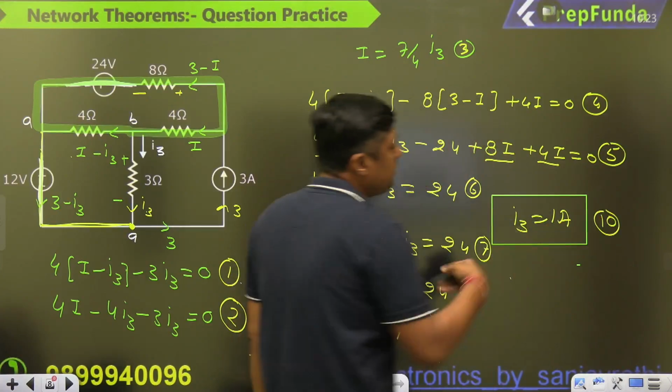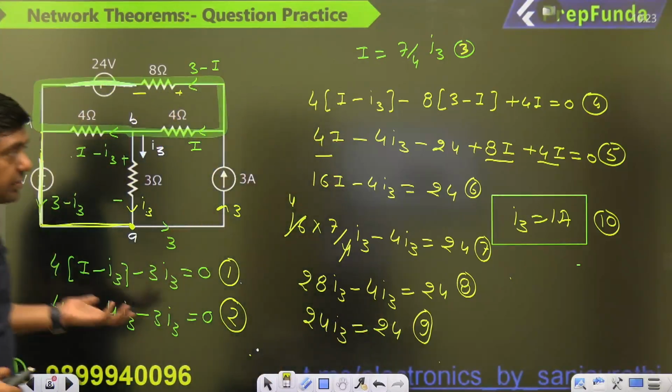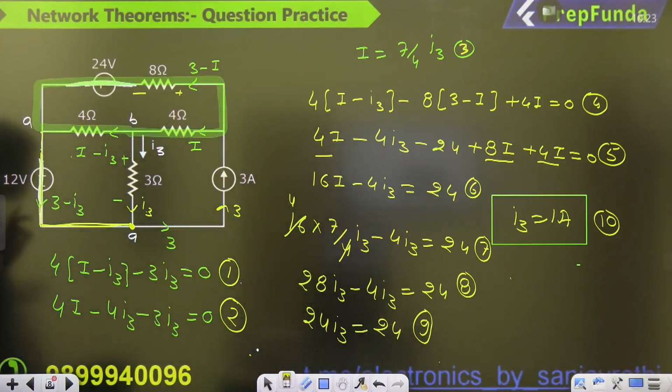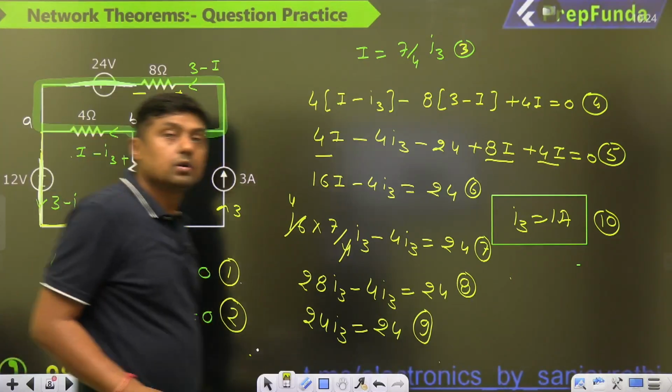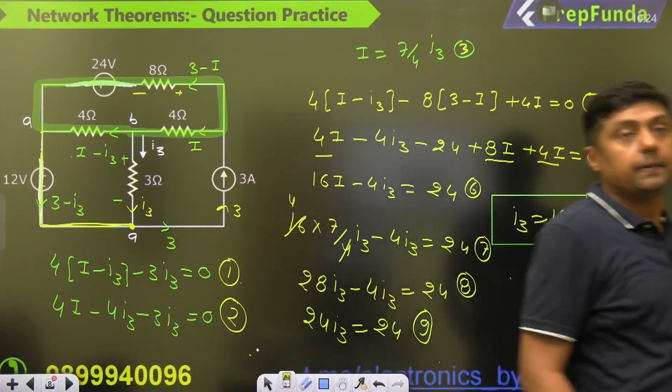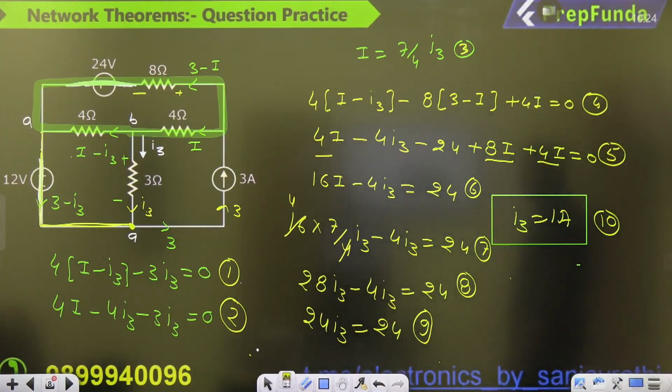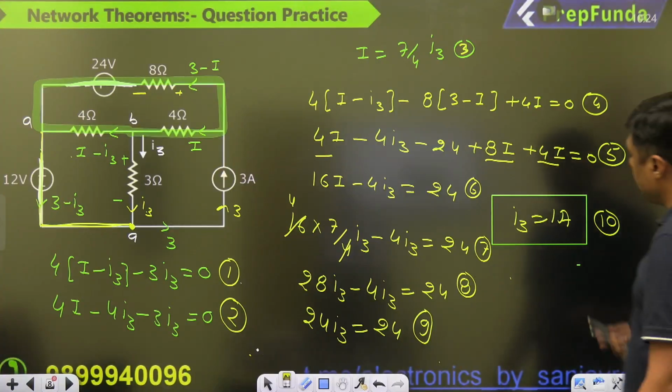So guys, I am writing the equation numbers so that you can ask me about any problem with equation number 1 or 2 or 3 or 4 or 5 or 6 and so on, and I will give the answer to your question. Okay, in loop 1? Yes. Now it is clear to you. Okay, 4 times of I, where is the 3 minus I3? Clear? Okay then. Now you will get the 1.